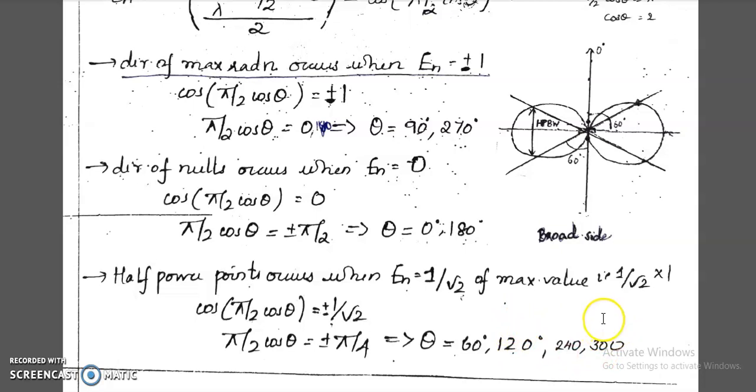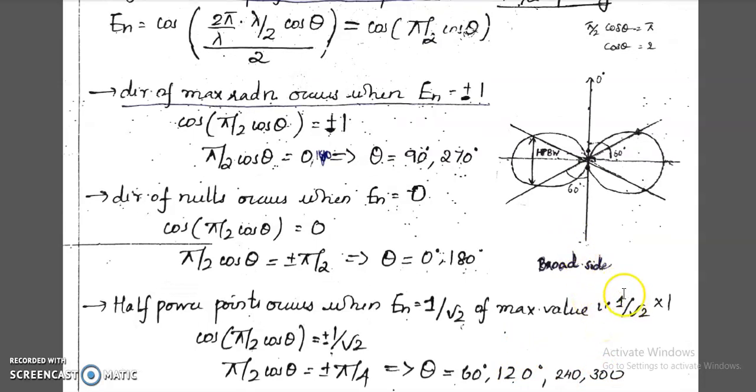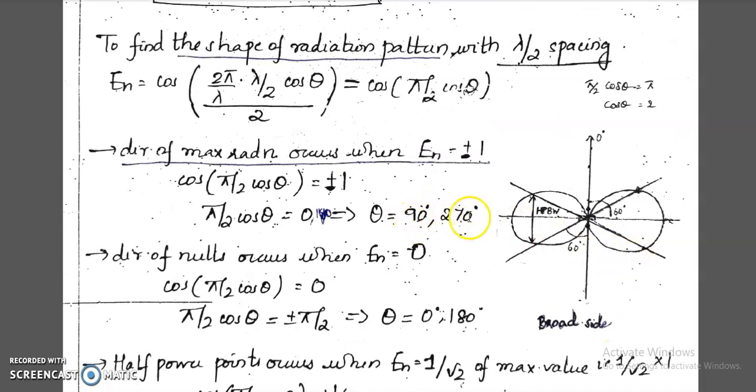So we can plot the radiation pattern like this. We get a maximum at 90 and 270. So the maximum is plus or minus 1, plus 1 at 90 and minus 1 at 270. So starting from here, this is 0, 90, 180 and 270. At 90 and 270 you will get the maximum, and null points occur at 0 and 180.